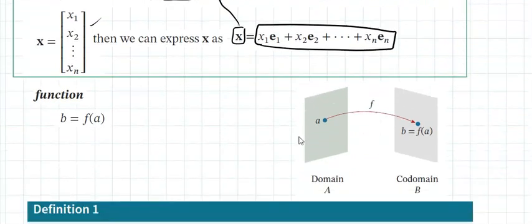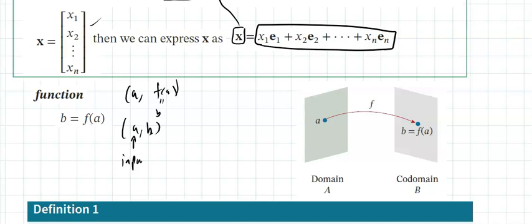Now, when we talk about a function, if you input a, you should get f of a. They call that b here. So they say if you have the point (a, b), that's a function. The input is the domain.